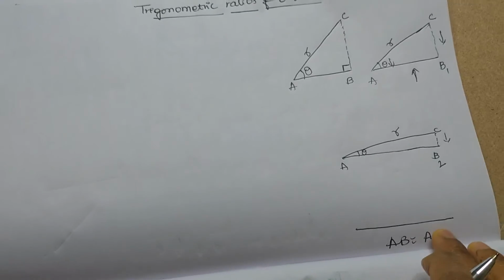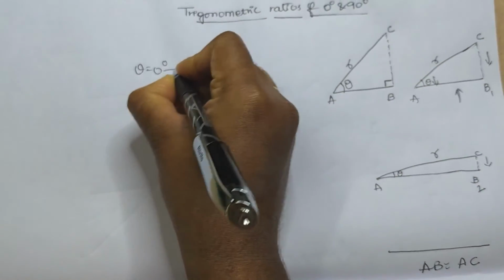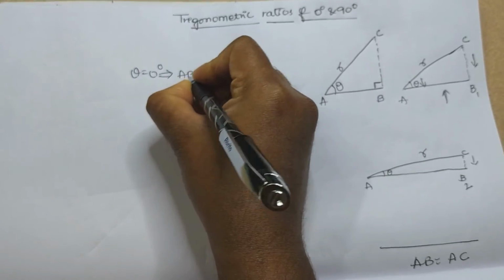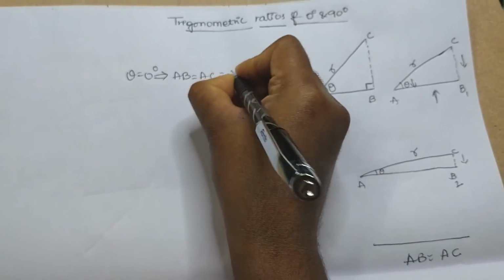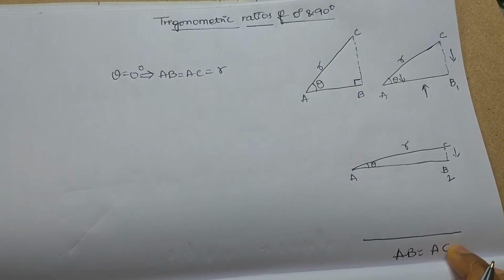So from this, what can we write? If theta equals 0 degrees, that implies AB equals AC equals R.